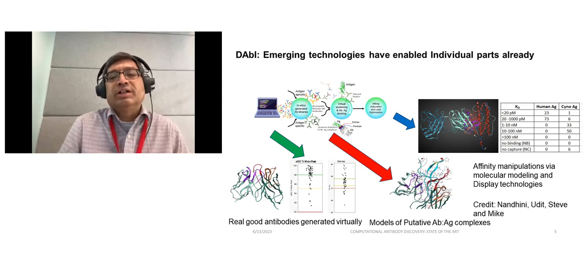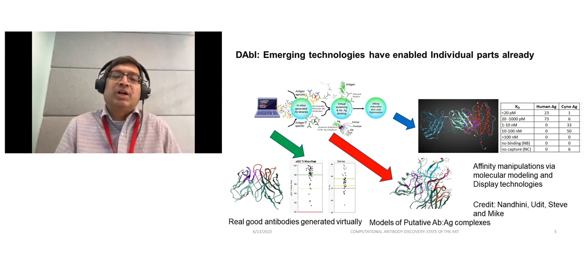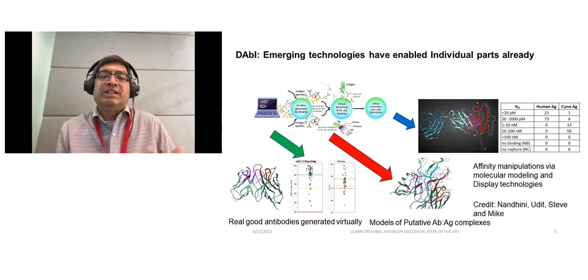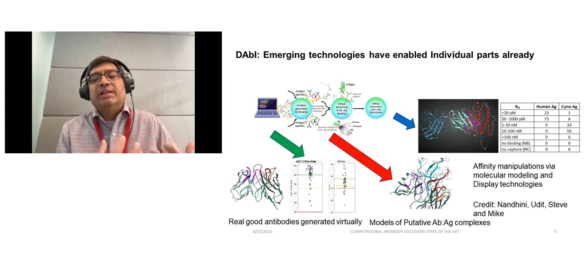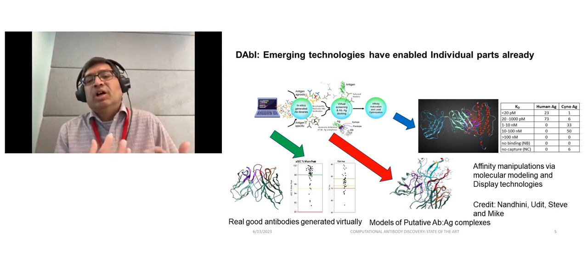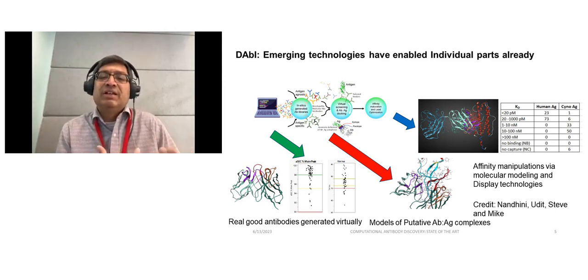And this was also shown in a third part where in one case of a project, we started with an antigen antibody complex, and we were able to design the libraries just based on mutating the paratope residues for different affinities.